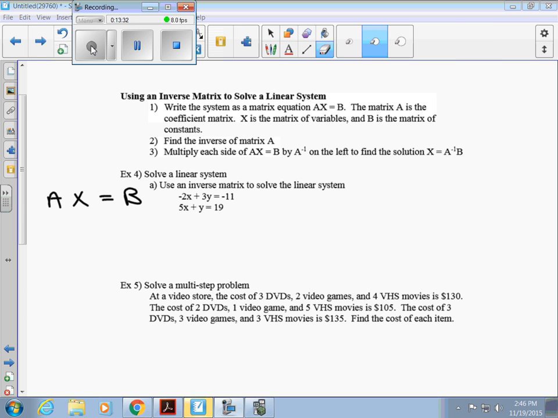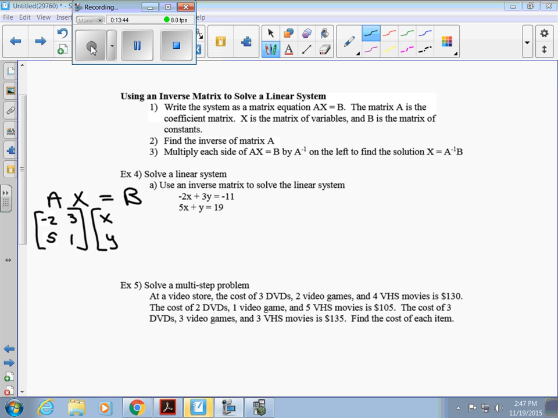So this matrix is going to be -2, 3, and 5, 1. That's A. X, well, it's just going to be we have X and we have Y. And then B is going to be our answers. So it's going to be -11, 19.